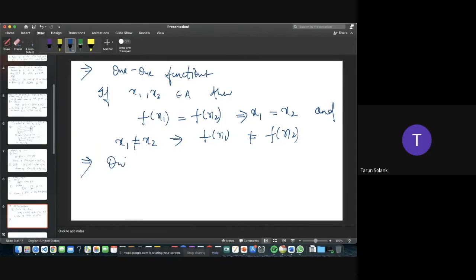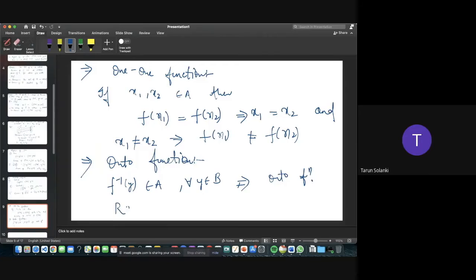Next is the onto function. Okay, so let f be a function from A to B. If every element in B has at least one pre-image in A, then f is said to be an onto function or surjective mapping or surjection, right? So we can say f inverse of y belongs to A and y belongs to B, then this is an onto function.